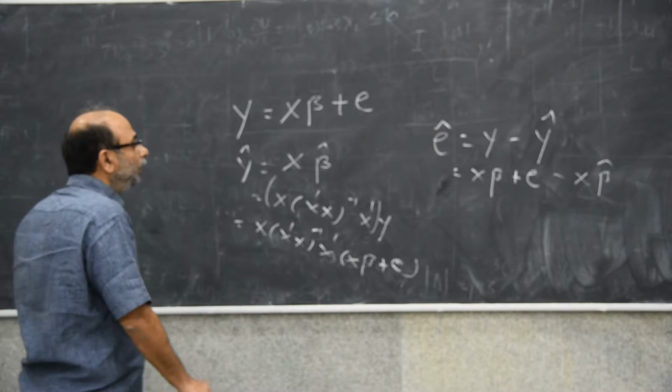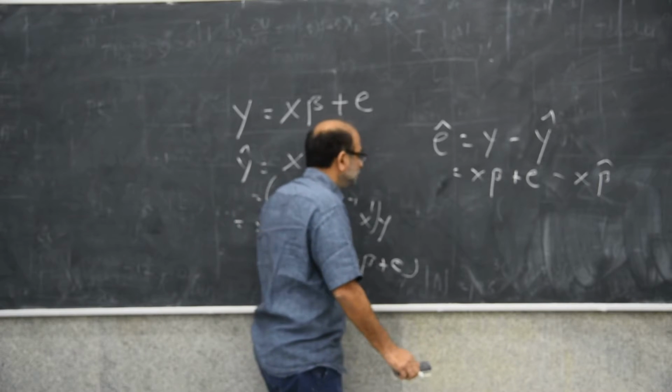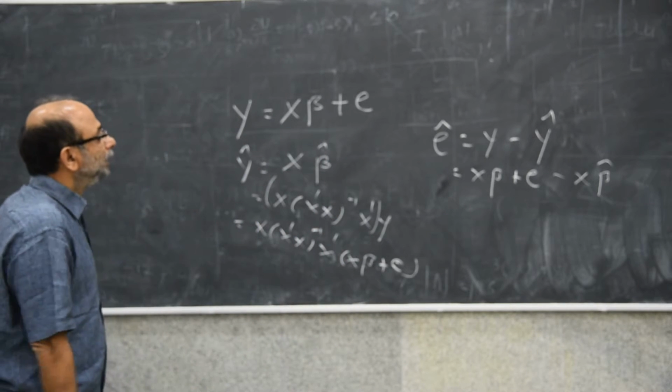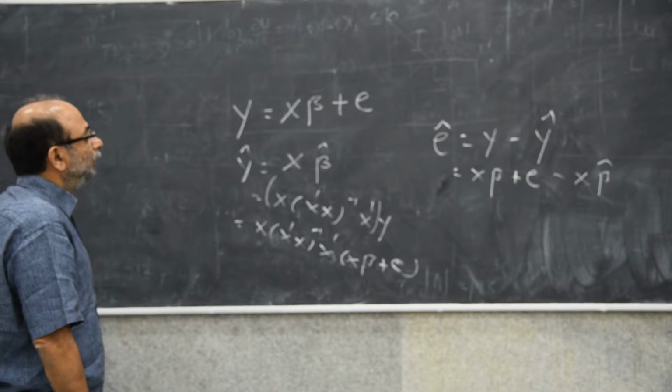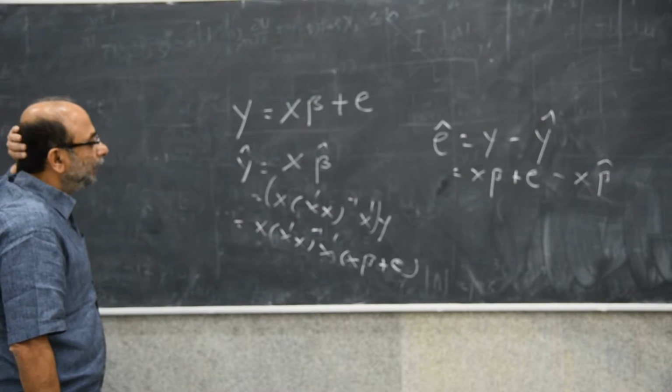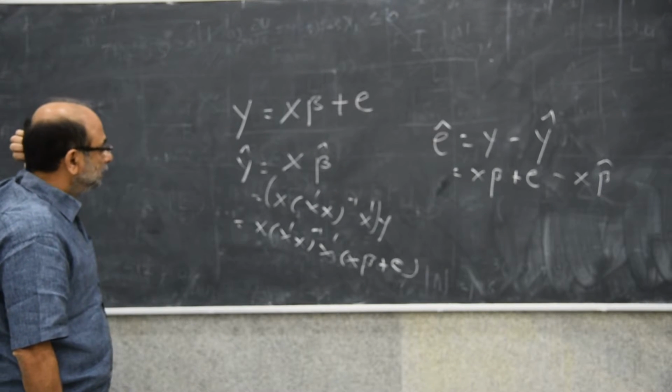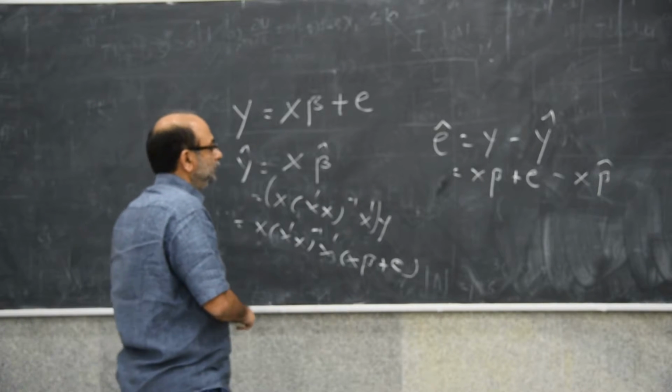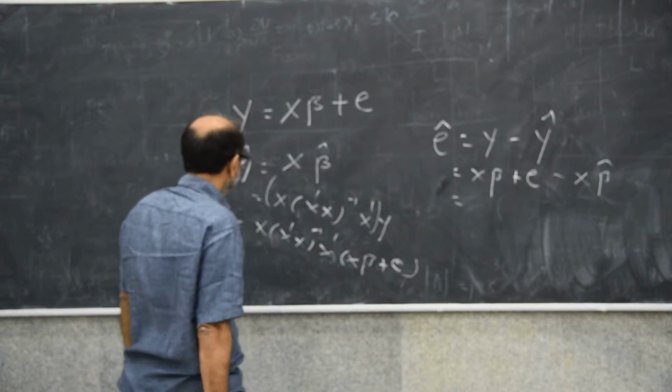And we showed in the last class that e hat is equal to y minus y hat, or x beta plus e minus x beta hat.